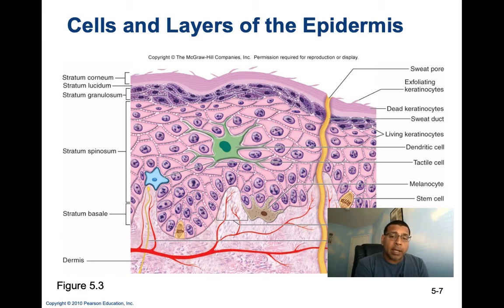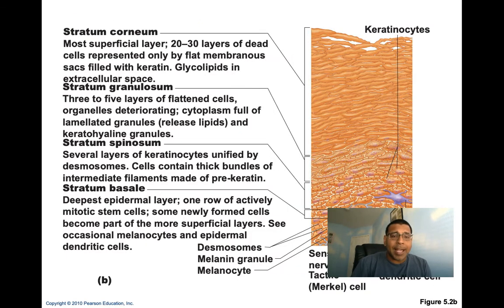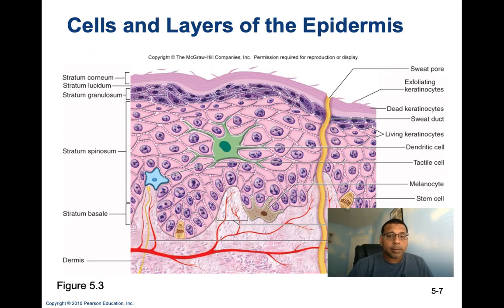And when we talk about the cells here, it's basically made up of 2 to 3 rows of clear, flat, dead keratinocytes. Dead, flat keratinocytes.